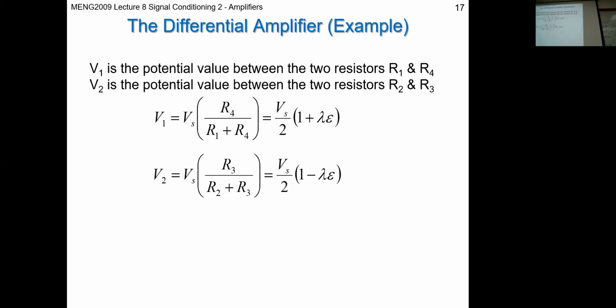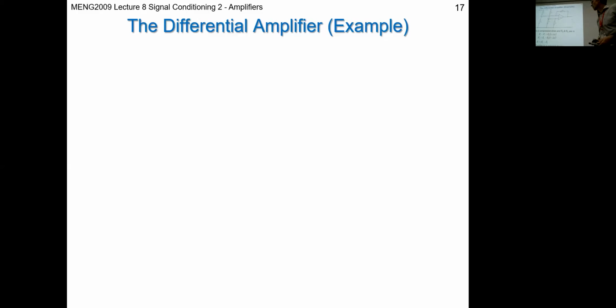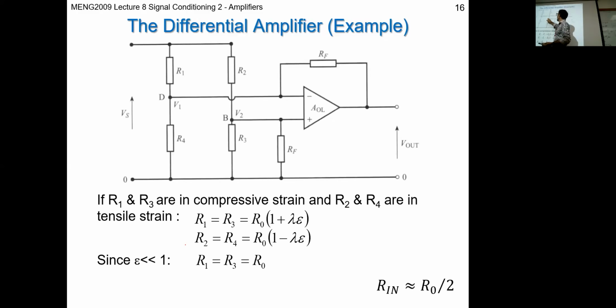The R0s cancel, and you just end up with Vs times 1 plus lambda epsilon over 2, which is what we have here. For the other branch it will be the opposite: your compressive and tensile resistors are flipped, so you get the equal and opposite equation for V2, the voltage at this point right here.